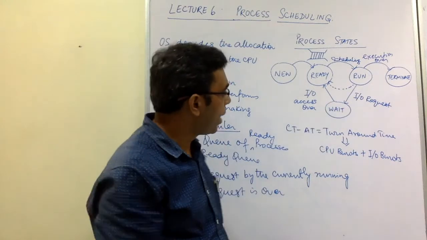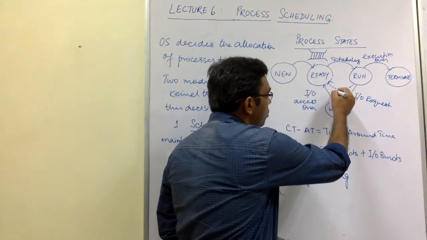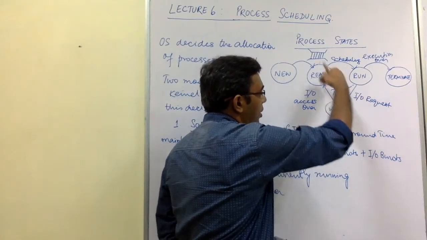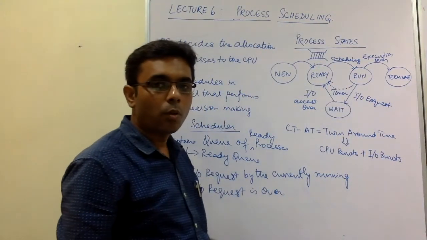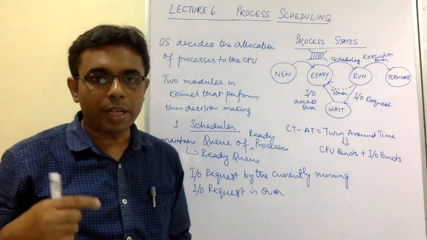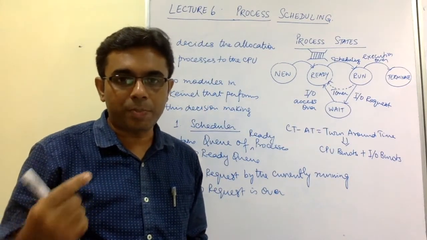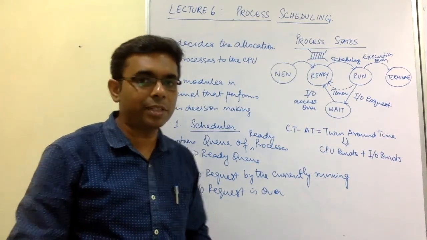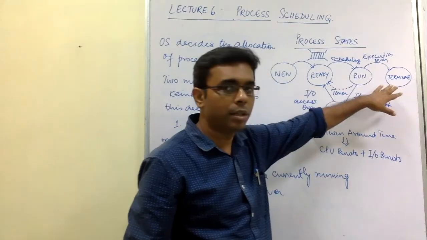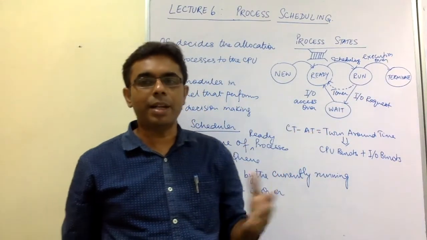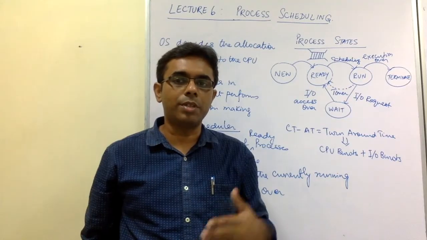So this is the situation where a process will be taken out of the run state and put in the ready state when the time slice associated with that particular process expires before its termination. The process had still some time to go before it would terminate, but the time slice associated with that has expired, and as a result the process is taken from the run state to the ready state.